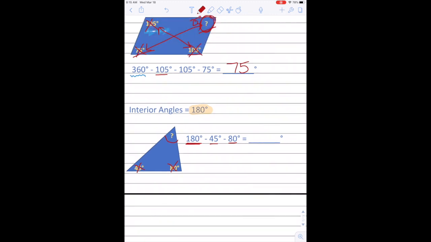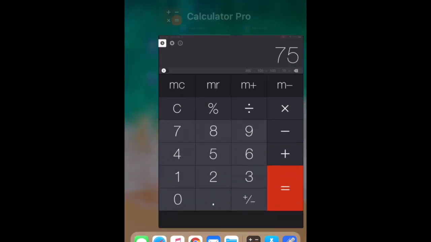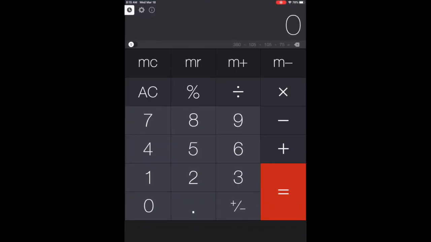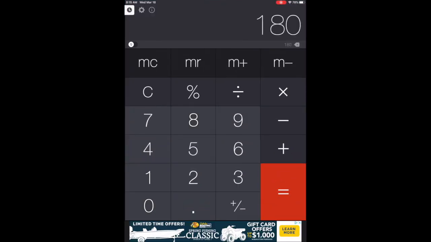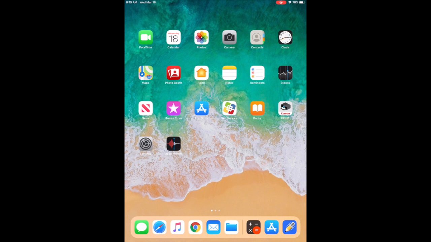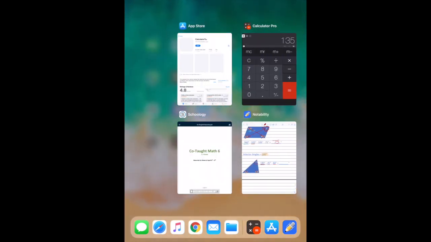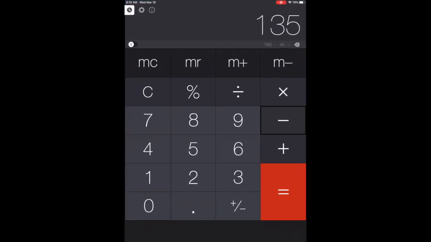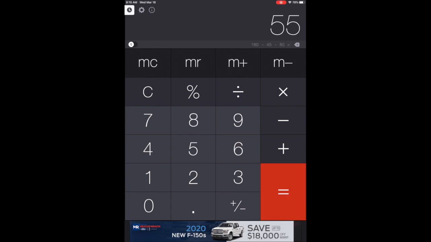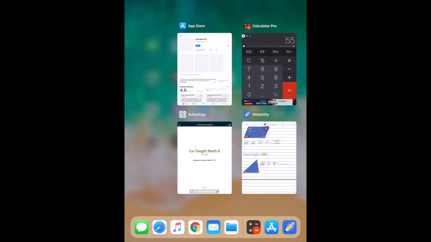Now in your calculators, start with 180 minus 45 minus 80. And that gives me my angle that I am missing.